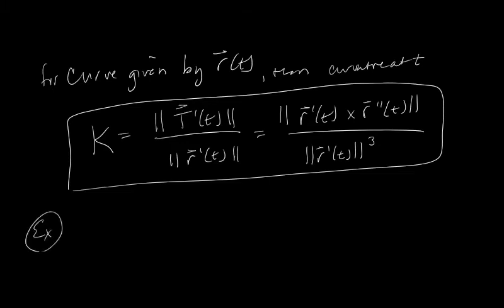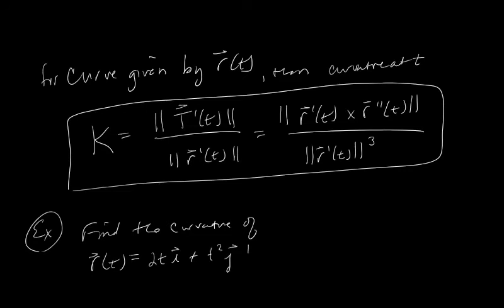Let's find the curvature of r of t equal to 2t in the i direction plus t squared in the j direction minus 1/3 t cubed in the k direction, at any t.